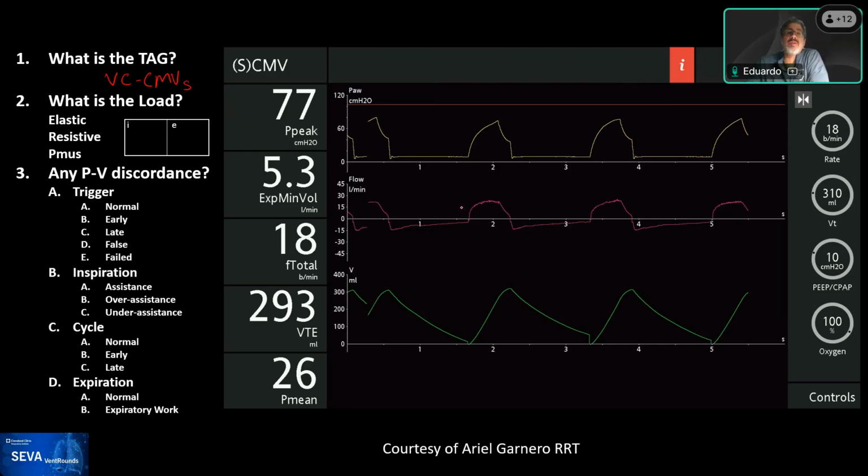So which means that we're controlling the flow and the volume during the inspiration. All breaths are mandatory, and in this case, remember in this ventilator we'll put a little triangle if it's being triggered by the patient, or the ventilator interprets that as being triggered by the patient, and you don't see any of those.